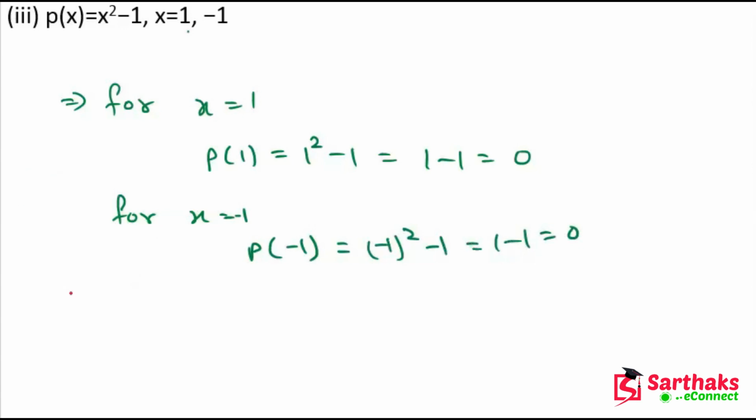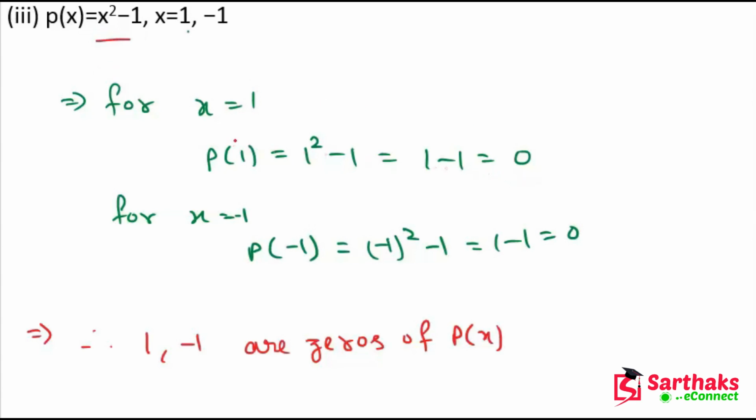So my dear friends, again we can say that 1 and minus 1 are zeros of p of x, because after putting the value of x is equals to 1 and minus 1 in this polynomial, x square minus 1, we get zeros in both the cases.